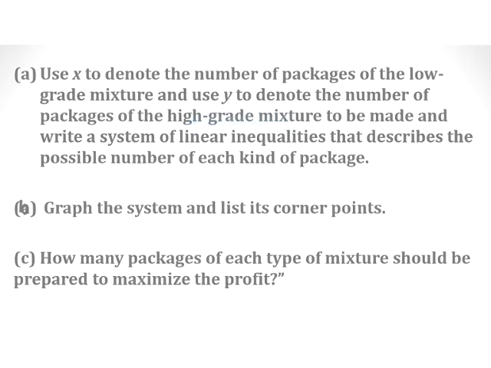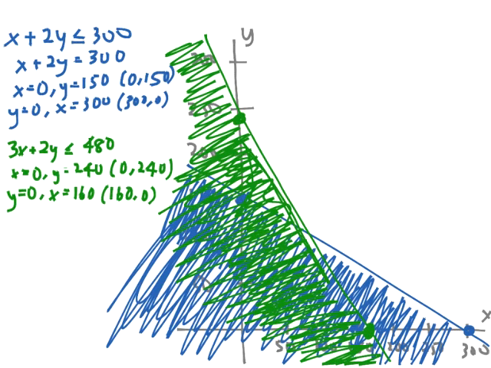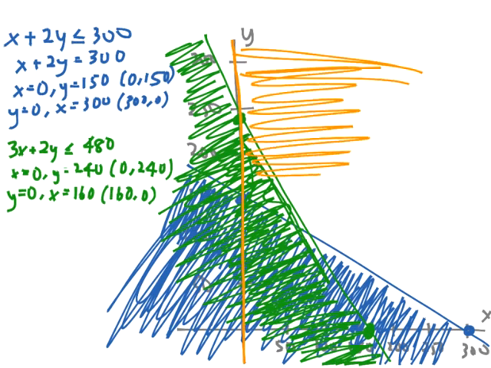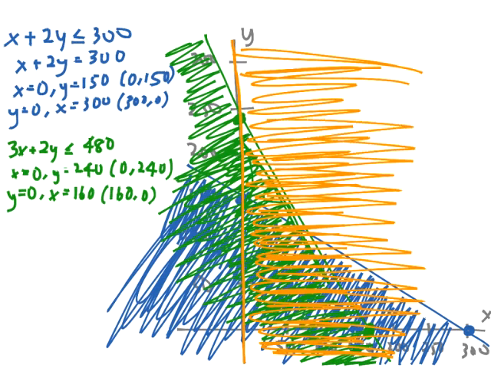If you still remember, we have another 2 inequalities, which are x greater than or equals to 0 and y greater than or equals to 0. So we also need to include these in our graph. For the third inequality, x greater than or equals to 0, your x equals 0 is on the y-axis, so greater than will be on the right side. So this is our shaded area for x greater than or equals to 0. And the last inequality is y greater than or equals to 0.